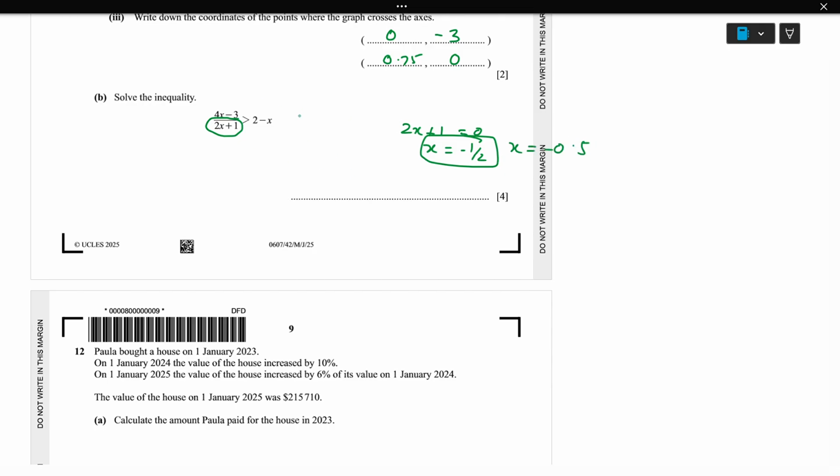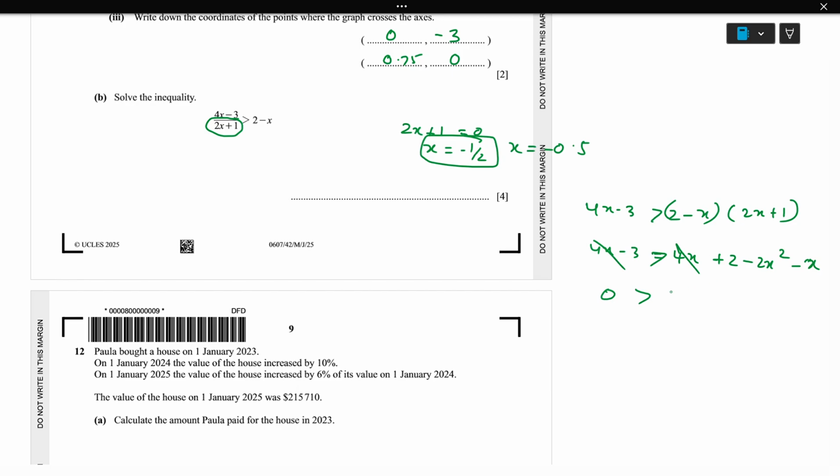Now we'll solve this inequality, which is 4x minus 3 greater than (2 minus x) times (2x plus 1). When we move the denominator, the right side is going to be a multiplication. So 4x minus 3 greater than 4x plus 2 minus 2x squared minus x. Bring everything to the right side, so 0 greater than. The 4x gets cancelled because when it goes to the right side it becomes negative, 4x minus 4x is 0.